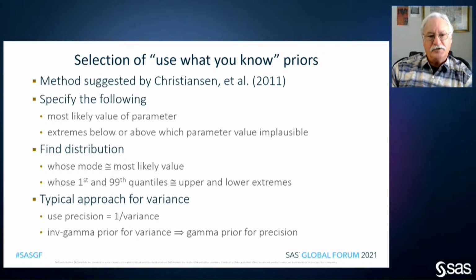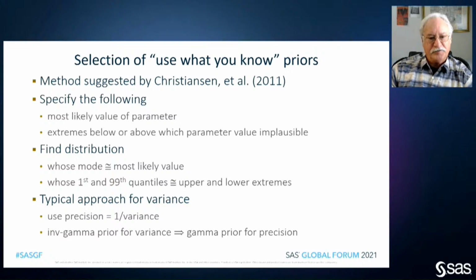So find a distribution where the mode is more or less equal to that most likely value, and look at the extreme quantiles of that distribution and see how well they correspond to what you consider to be the upper and lower extremes.